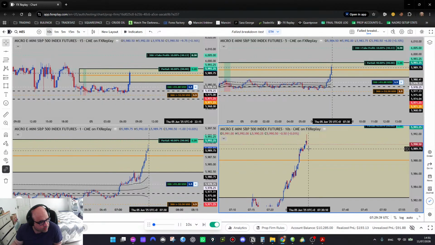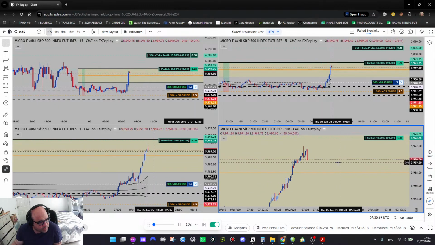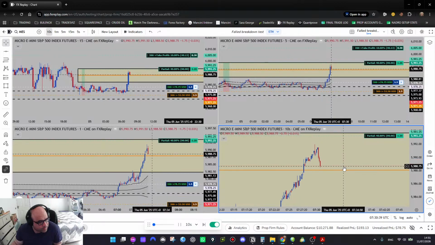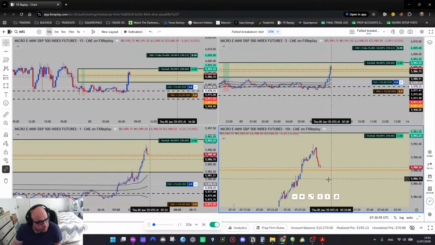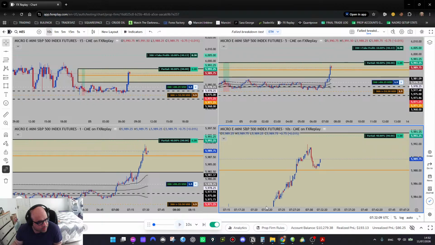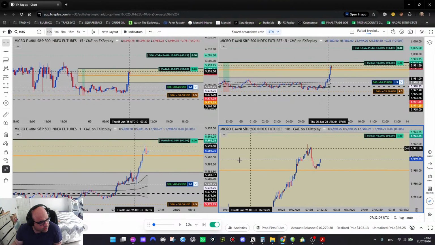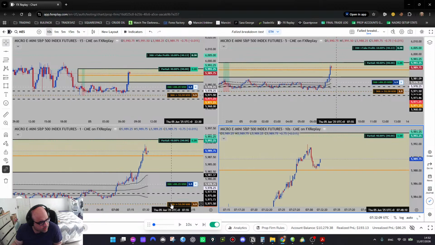It does a small pullback here, you see. It's not very obvious. There we go. We see there's a pullback, and it holds. Now it's pretty safe to raise my stop loss.